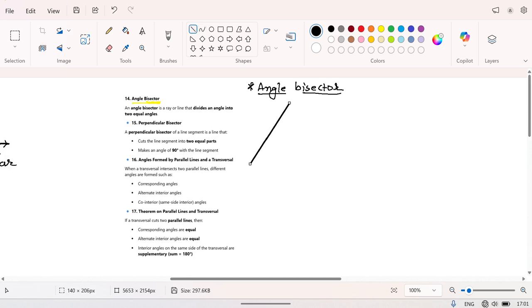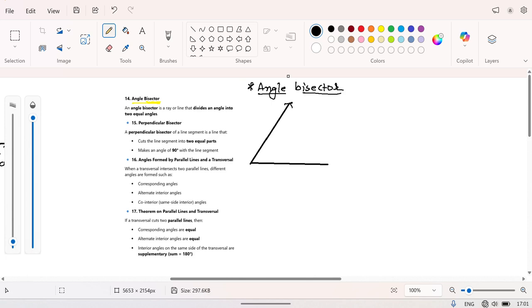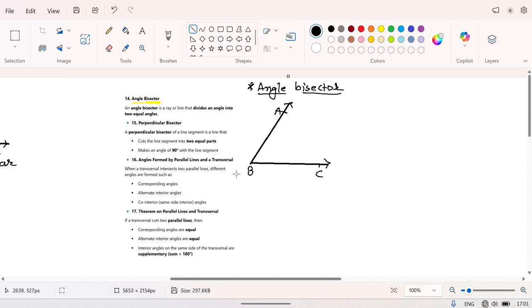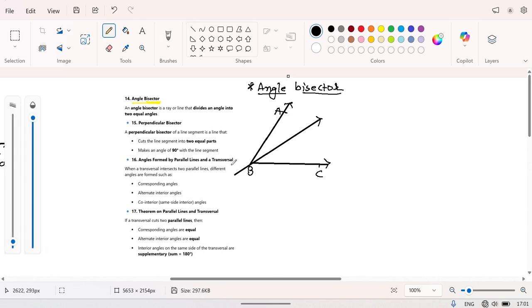This is the angle. Let's give names to it. Suppose this is A, this is vertex B, and this is C. If any line divides this angle into two equal parts, it's called the bisector of the angle.